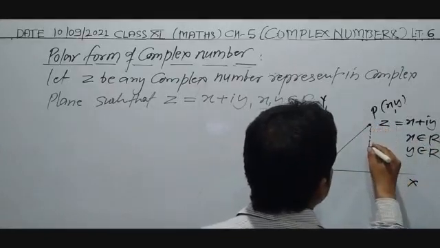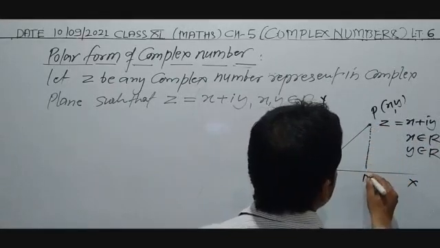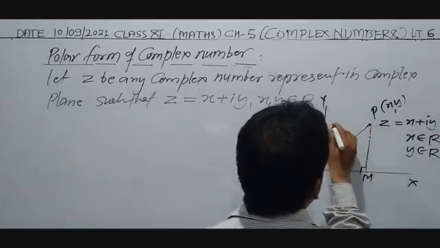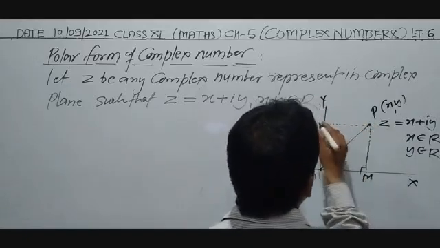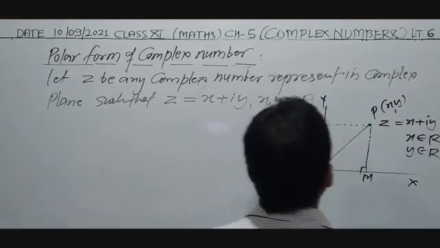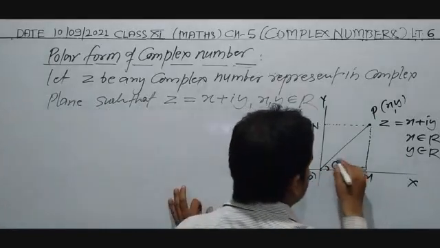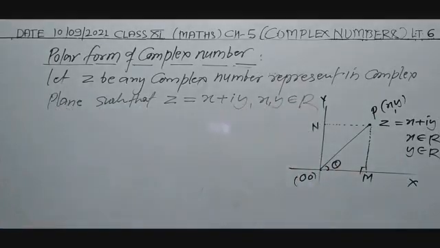Now draw the projection. Let PM be the perpendicular drawn from P on the x axis. Similarly, the perpendicular drawn from P on the y axis is PN, and the line OP is making an angle theta with the positive direction of the x axis.